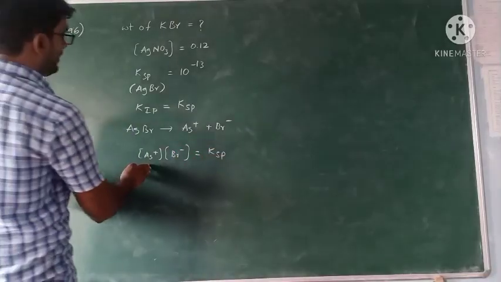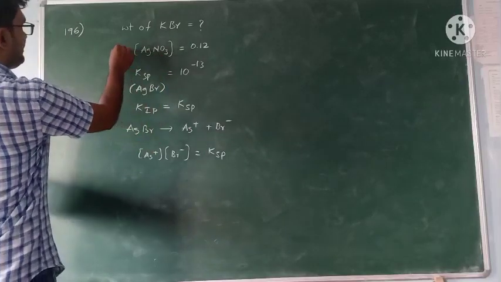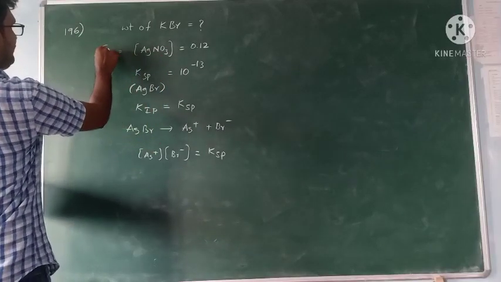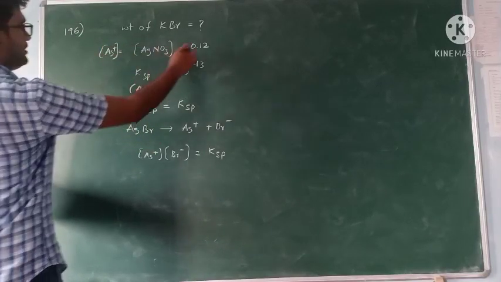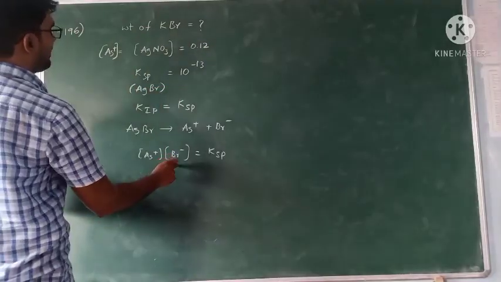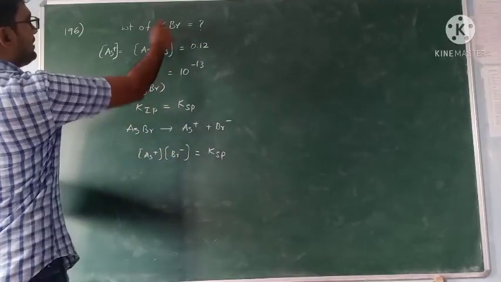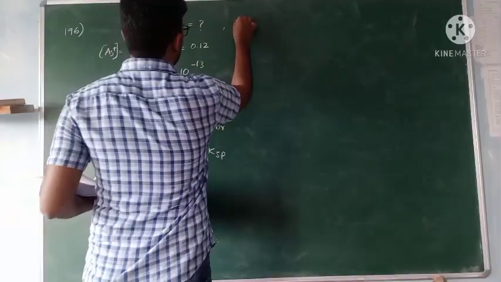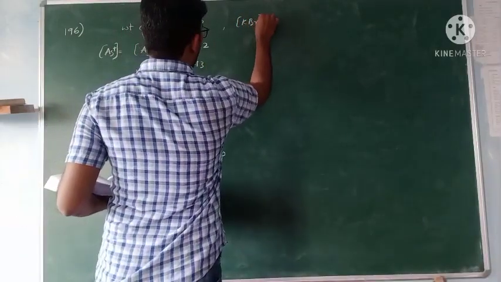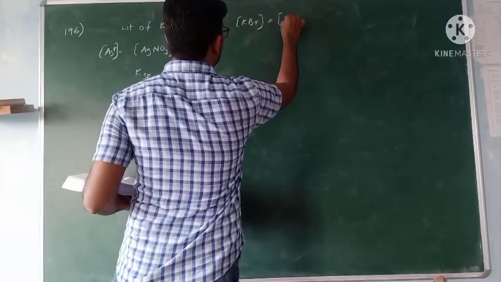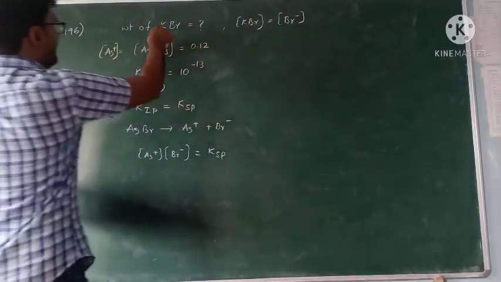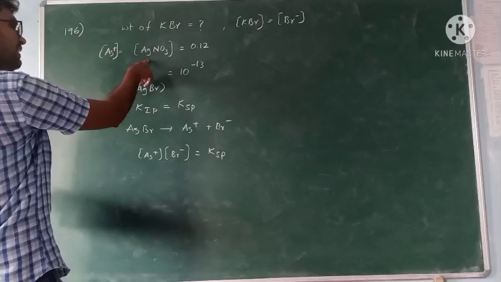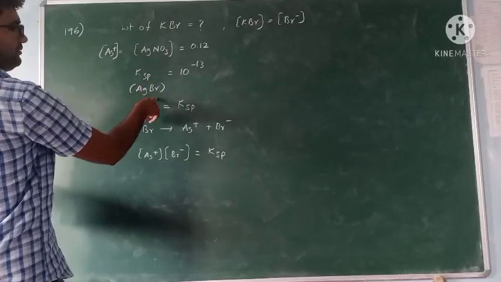The concentration of Ag plus is equal to the concentration of AgNO3, so no problem, this value is already here. But Br minus is coming from KBr. Do you understand? The concentration of KBr is equal to the concentration of Br minus, because KBr reacts with AgNO3, it gives AgBr.